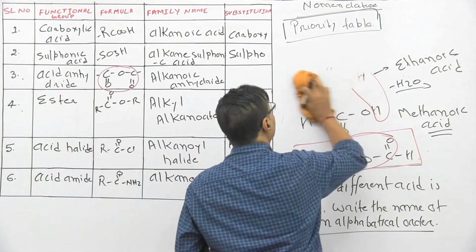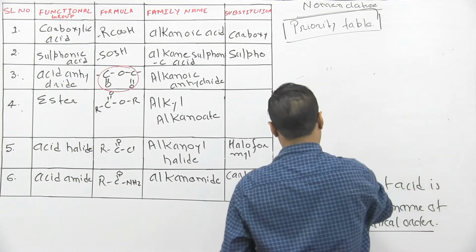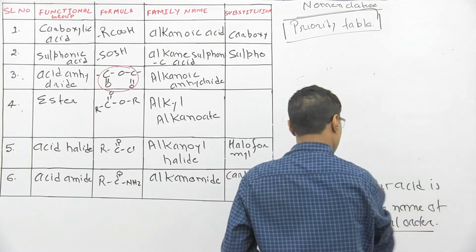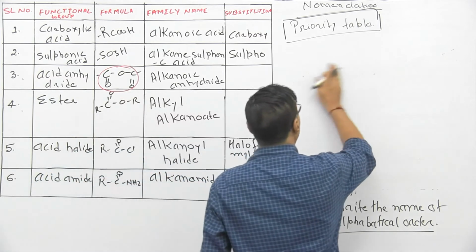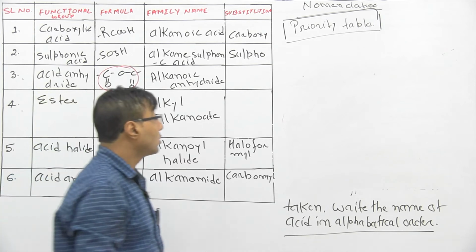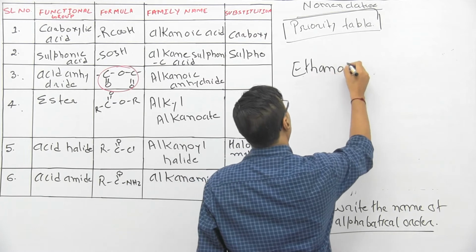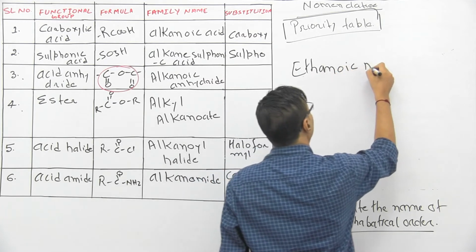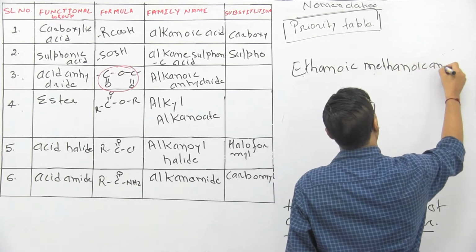So the name will be, which will come earlier, E or M? E will come earlier. So the name will be ethanoic methanoic anhydride.